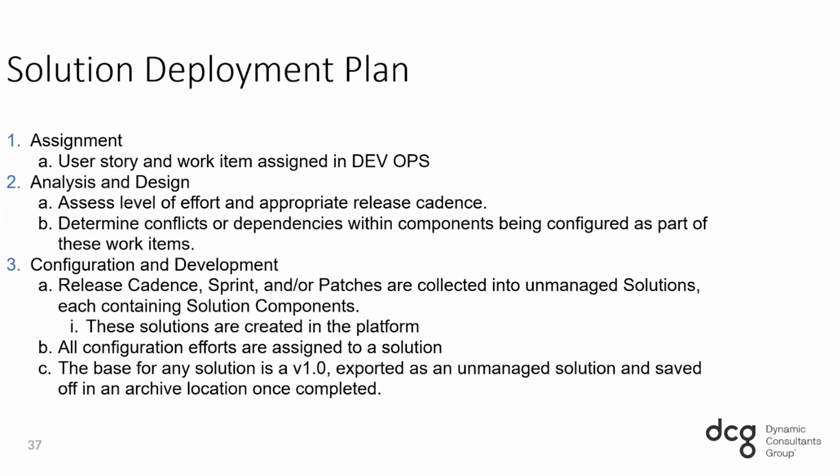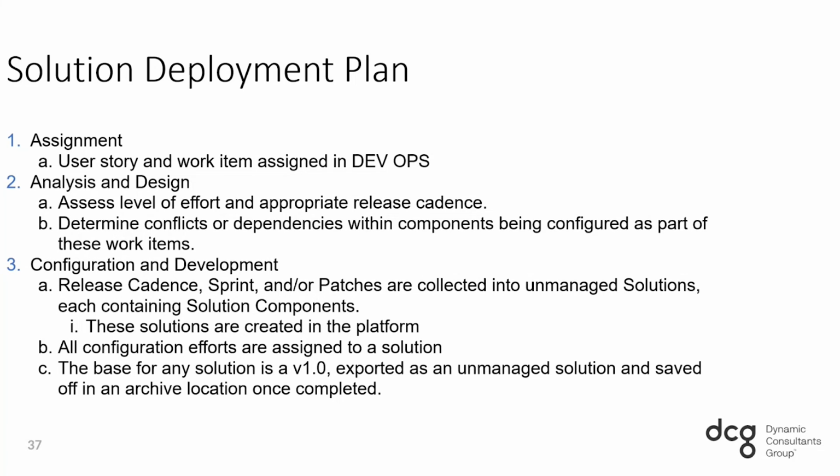Here's a sample of a solution deployment plan. So assignment comes first: user story and work item assigned in DevOps. Analysis and design comes next, where an architect would assess the level of effort and add the appropriate release cadence. Is this sprint 1, sprint 2, whatever?